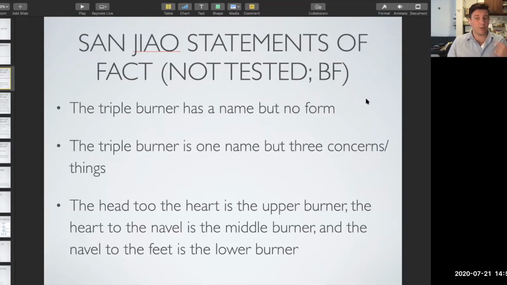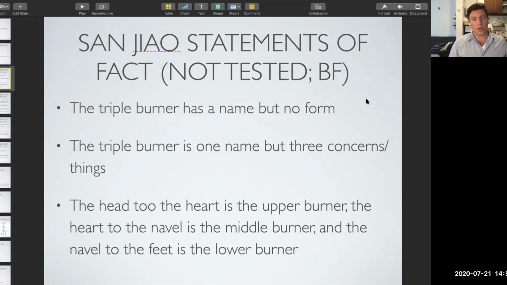The San Jiao is also one name, but three different things at the same time. So we say San Jiao, but really we're talking about three things, but maybe more. We'll get to that in a second. So where is the upper jiao, the middle jiao, and the lower jiao? Well, we have definitions of this. From the head to the heart is the upper jiao. From the heart to the navel is the middle jiao, and the navel to the feet is the lower jiao.